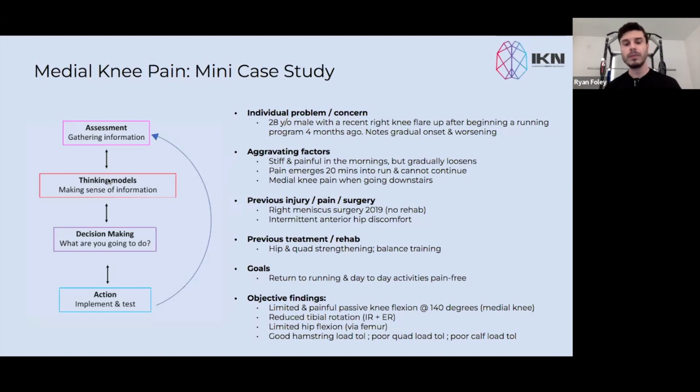So briefly getting into the objective findings, he had limited and painful passive knee flexion at 140 degrees, so pain at the medial knee, and reduced tibial rotation with internal and external rotation. Clinically, I find that typically indicates individuals are co-contracting the knee, increasing the muscle activity surrounding the entire knee joint complex, the hamstrings through the quadriceps, potentially because they're trying to avoid movement at that knee, okay?